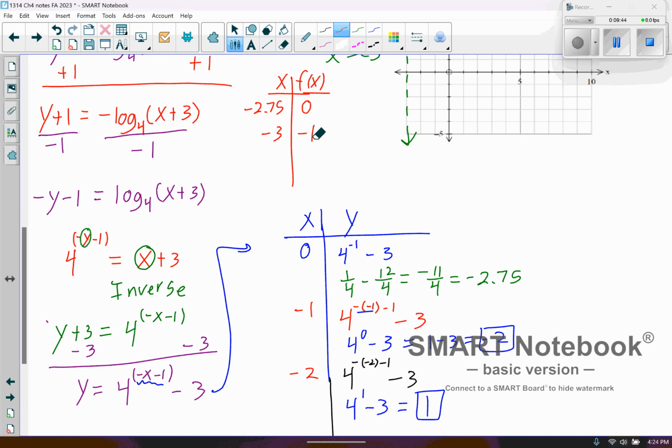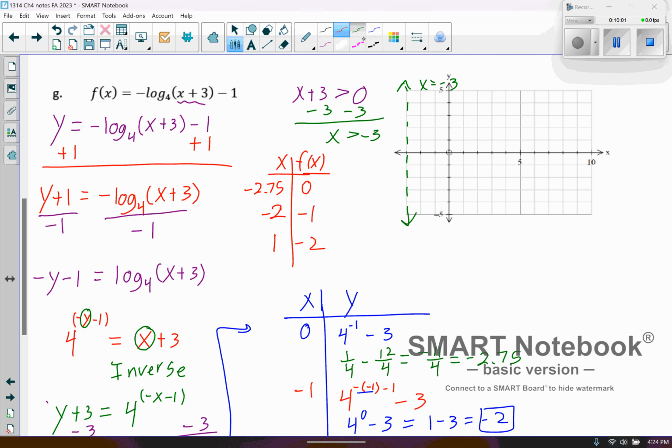And then, oh, I'm sorry, not -3, -2. Let me fix that. -2. There we go. And then +1 is paired up with -2. There we go. So just flipping those right there. And so that should be my table for my original logarithmic function here.